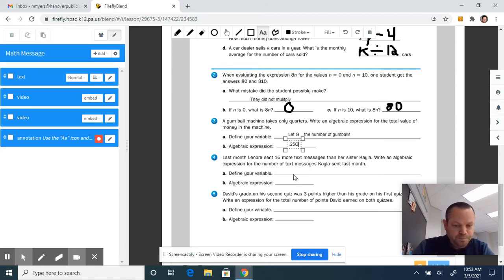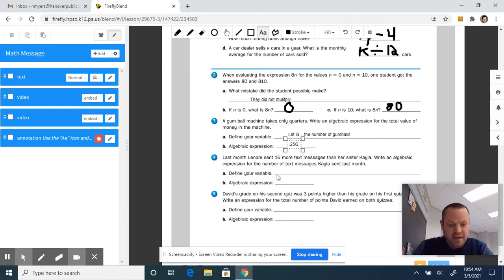Number 4 says last month Lenore sent 16 more text messages than her sister Kayla. Write an algebraic expression for the number of text messages Kayla sent last month. So we're trying to figure out Kayla. You can pick any letter you want here to define your variable, but it has to state what it is.